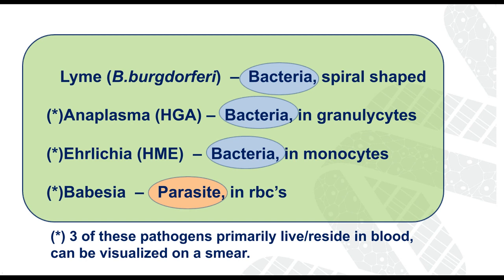Yes, because you can find these in a purple top tube in a specimen of whole blood. An easy place to look for Anaplasma, Ehrlichia, and Babesia is directly in red blood cells, or monocytes, or granulocytes. You can actually visualize these organisms in a blood smear.